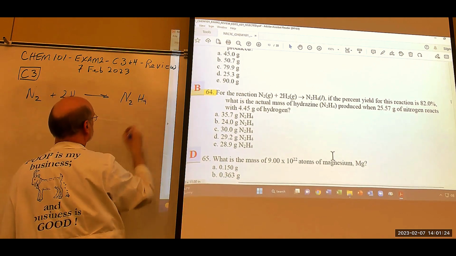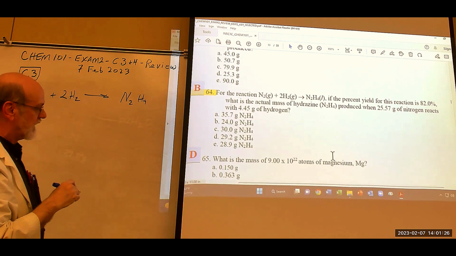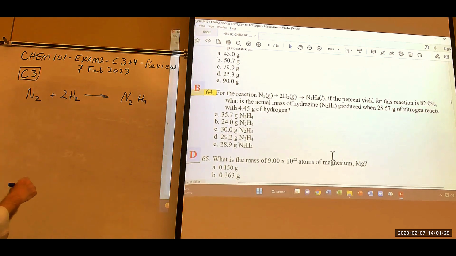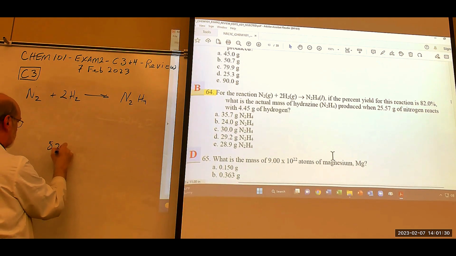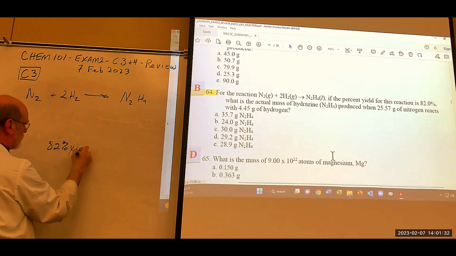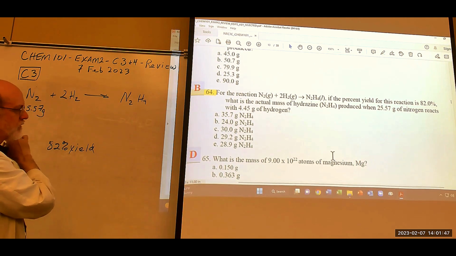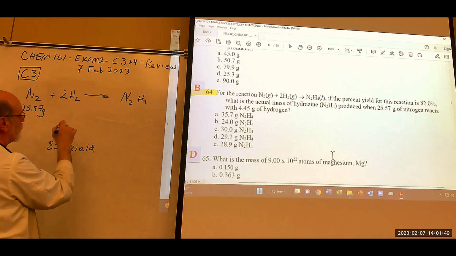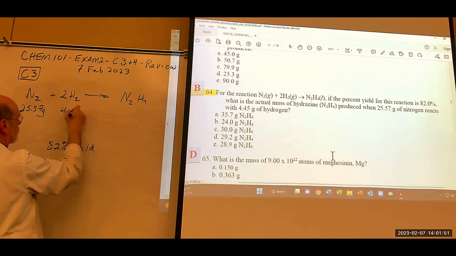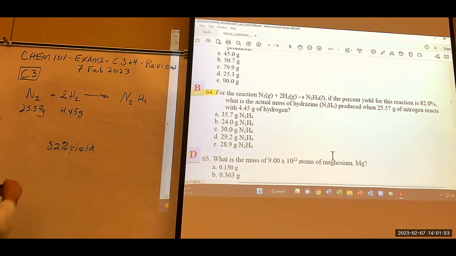If the percent yield for this is 82%, what's the actual mass of hydrazine produced when 25.57 grams of nitrogen is reacted with 4.45 grams of hydrogen?